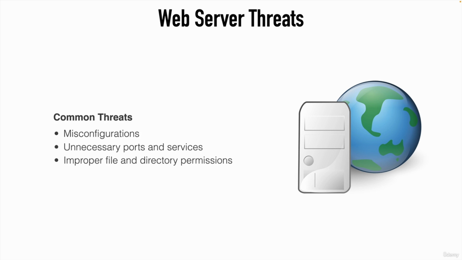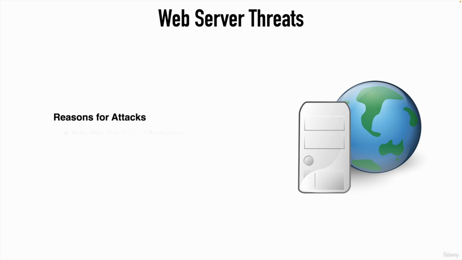Let's talk about some reasons that web servers are attacked. In other words, what are some common goals for an attacker? And obviously, these can range across a wide variety of things. The valuable data stored inside of the database is the main reason, and that could include credentials to other places on the network, or depending on the database, there might be financial information in there, just as a couple of examples.